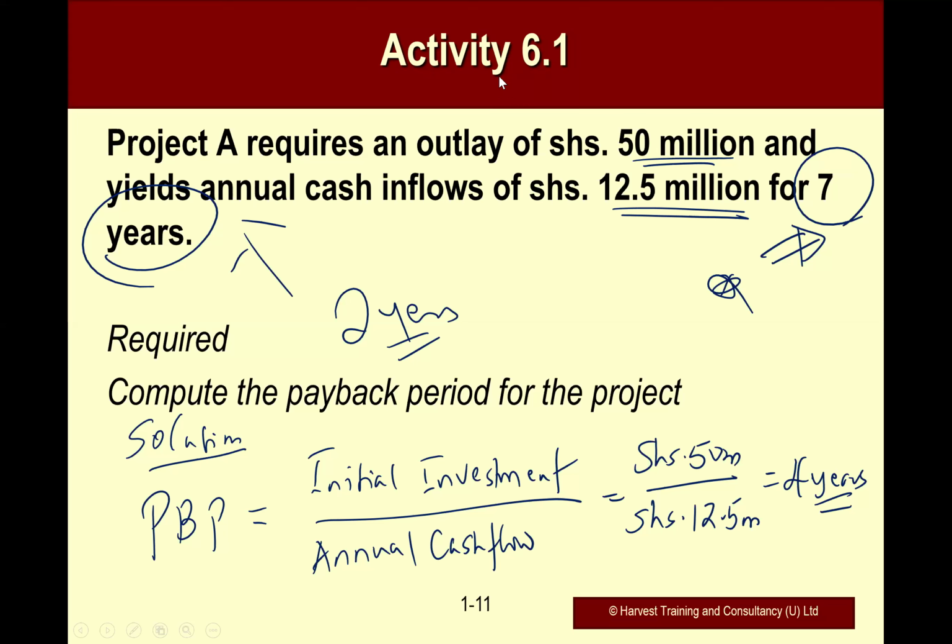So that is what we shall use here. We shall say that the project pays back. Let us write and say that the project is financially viable because it pays back the initial investment in its life.